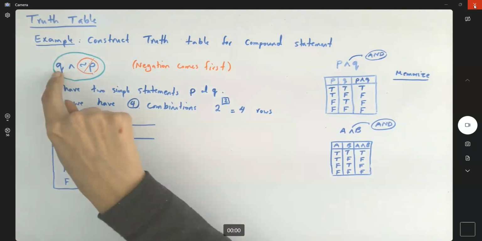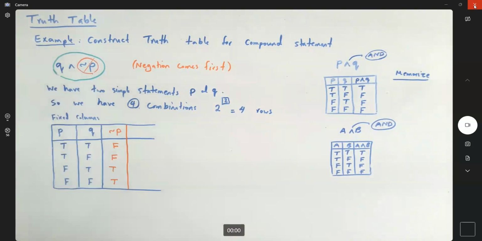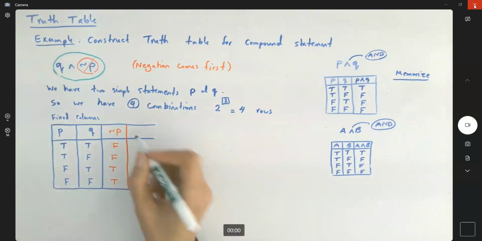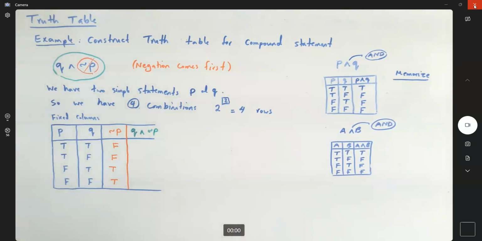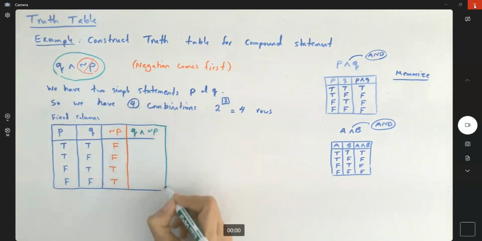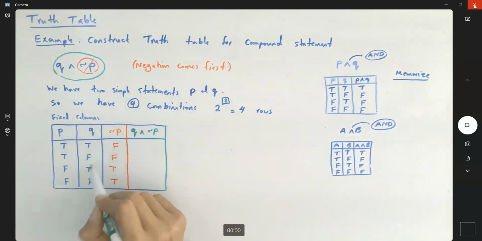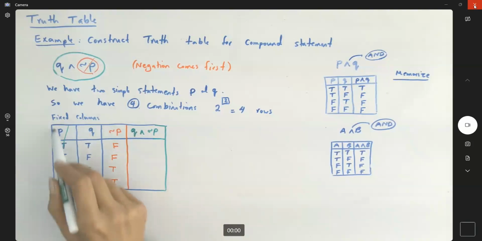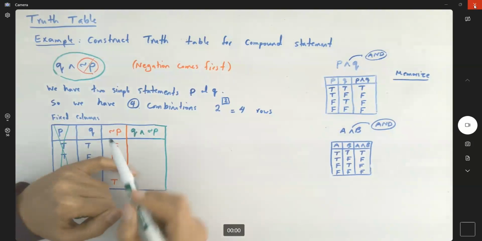We already have Q. The next step is to combine the values of Q with the values of not P. Q and not P. We need Q, not P. Forget about P because you already used P to construct not P. Now your job is to combine these two.